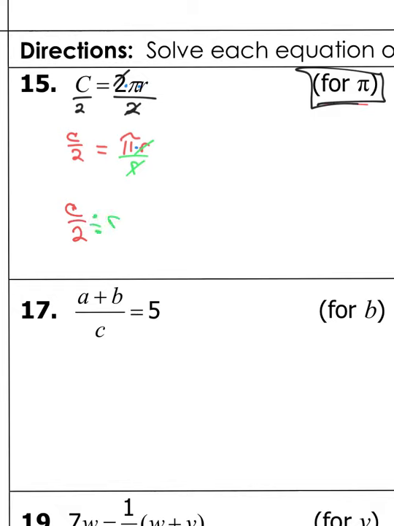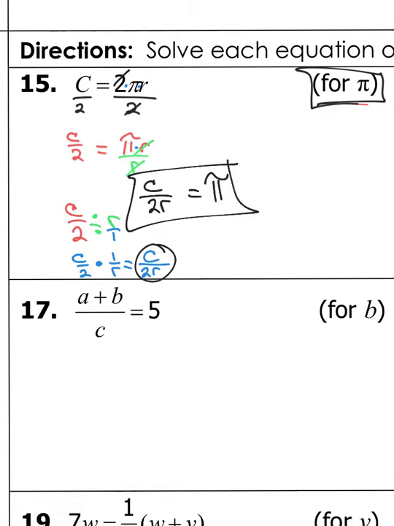I'm going to divide by r on both sides of the equation. The first fraction divided by r over 1 will turn into multiplied by 1 over r. So that's just c over 2r. That's what I'm left with. I'm left with pi equals c over 2r. That is my answer.